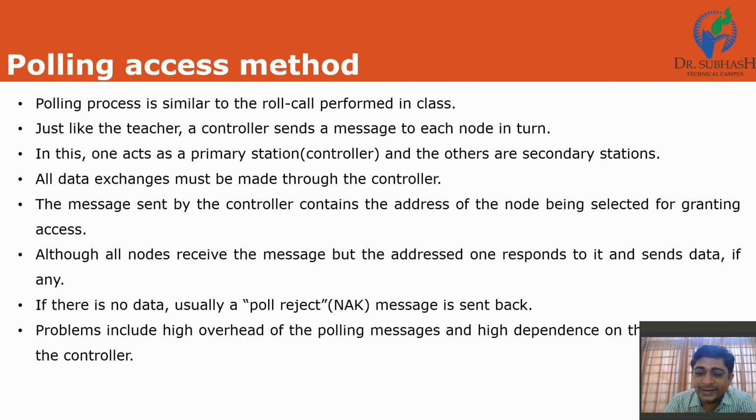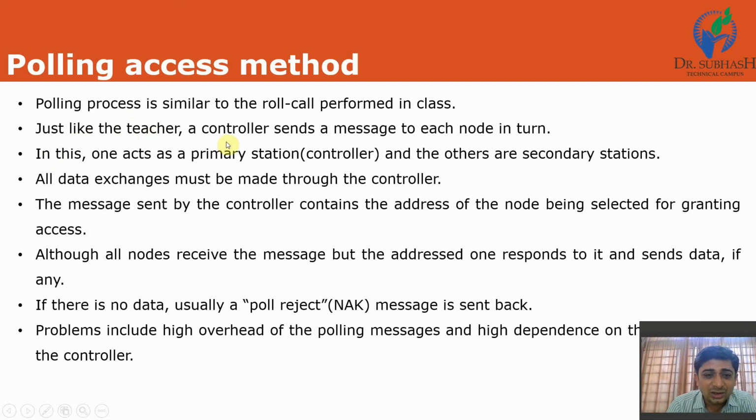Whenever any student is absent, suppose roll number 14 is absent, then there is no response from the client. So the professor will ask again for roll number 14, and some response from another student, that roll number 14 is absent today, then that is the polling access method. Now take a look.